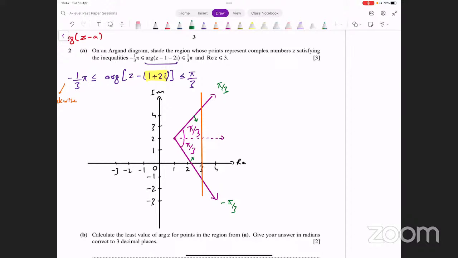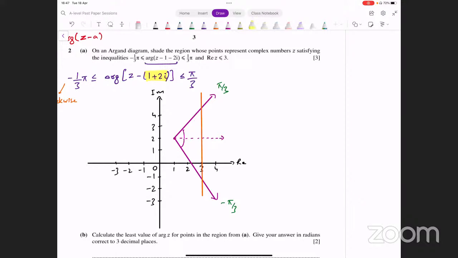और जो ऑरेंज लाइन है उससे आपको लेफ्ट साइड पर होना है. Right, because the real part of Z has to be less than or equal to 3. तो orange part की आपको left side पे होना है इस जगह पे. So कौन सा region बनता है फिर आपका? If you were to shade that region, the region that you get is all of this region.